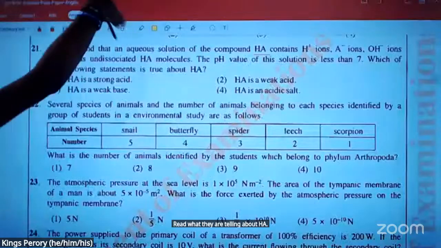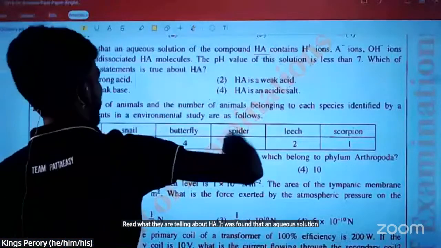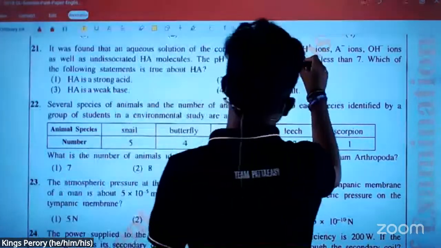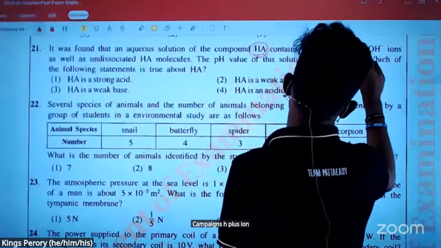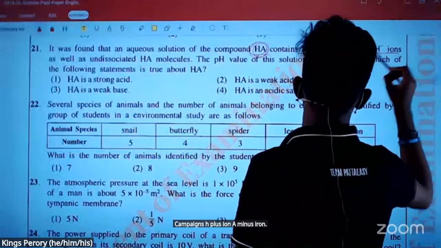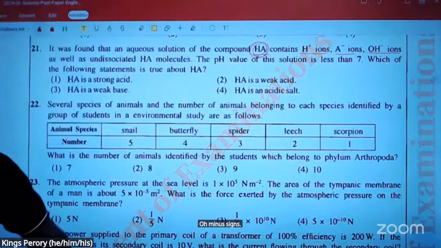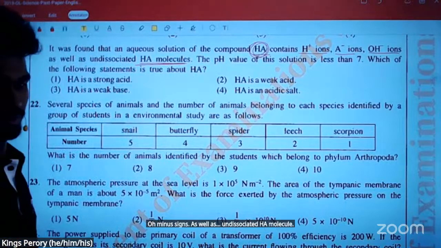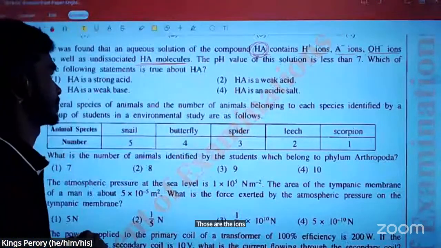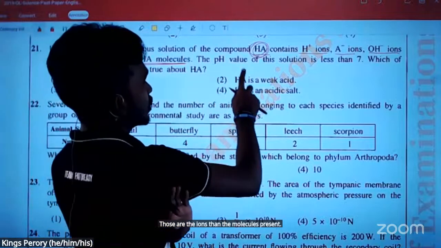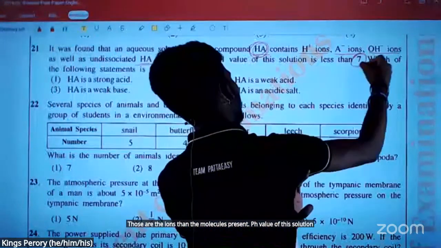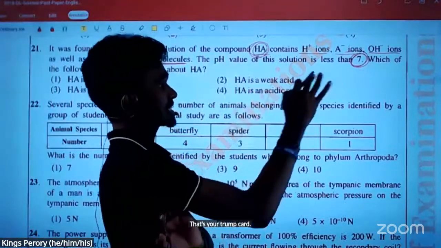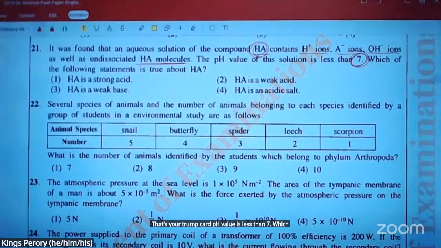An aqueous solution of compound HA contains H plus ions, A minus ions, OH minus ions, as well as undissociated HA molecules. The pH value of this solution is less than 7. That's your trump card. Which of the following statements is true about HA?